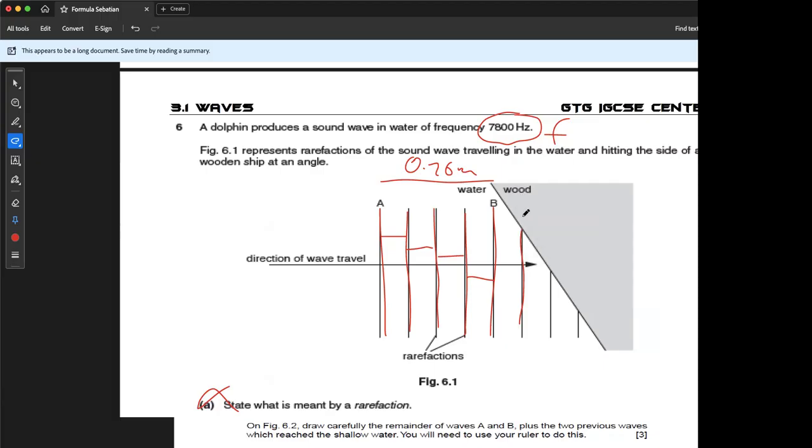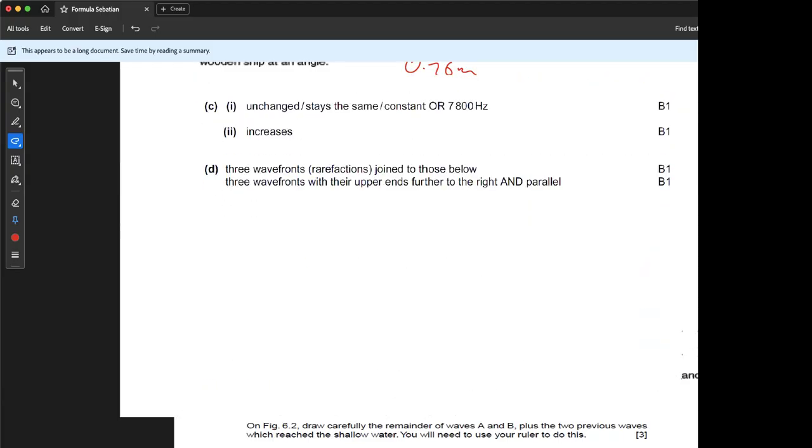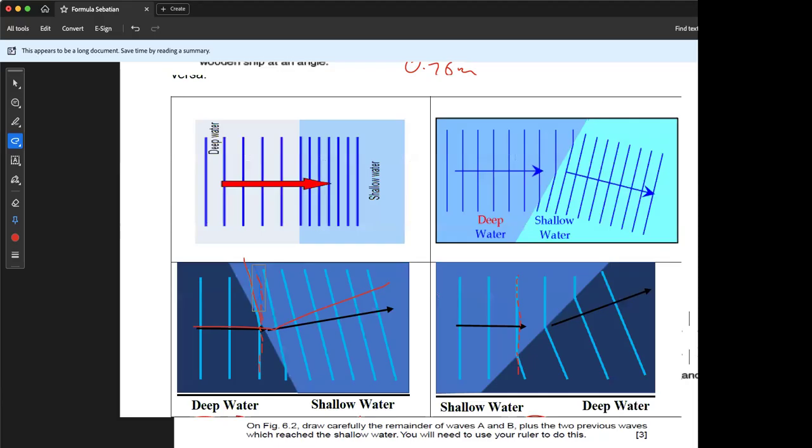So you're supposed to slant the line to the right. And you'll notice that automatically the wavelength becomes longer. Anyone don't understand this? Good. Moving on. Flip to your 3.2.